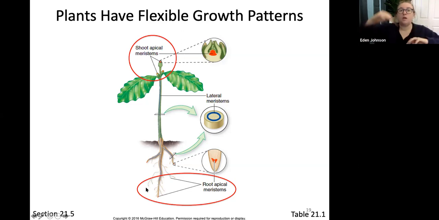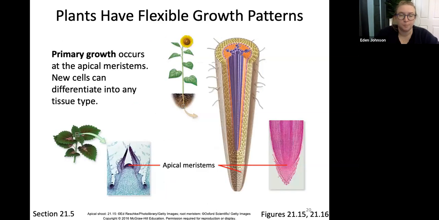So apical means the top of the plant or the bottom of the plant, depending on if it's the shoot apical meristem or the root apical meristem. But the same thing is going to happen with the root apical meristem that happens at the shoot apical meristem. It's going to cause these roots to grow out, to grow down, to just keep growing as far as they can.